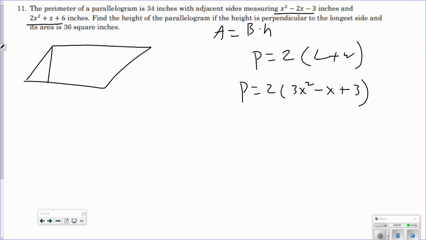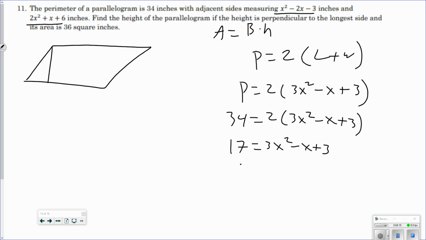I also know my perimeter is 34 inches. So 34 is 2 times 3x squared minus x plus 3. I'm using the perimeter that I'm given to solve for x, so when I find my x, I can plug it back into each side to figure out which one's longer. I divide by 2 and get 17 is 3x squared minus x plus 3.